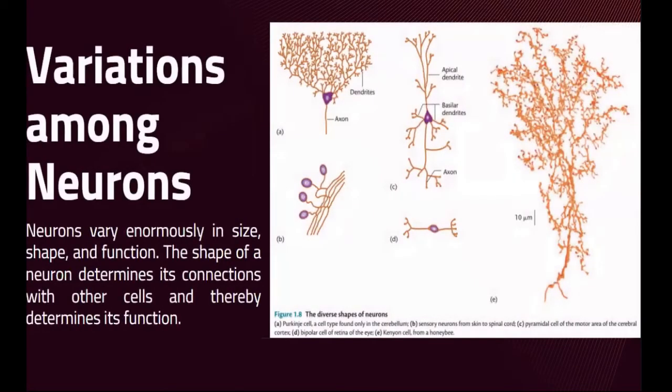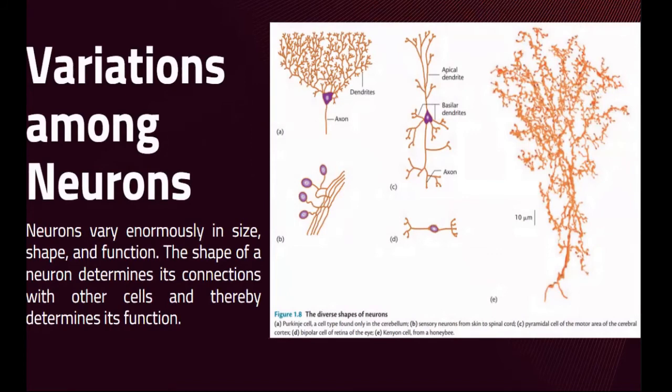So neurons vary enormously in size, shape, and function. The shape of a neuron determines its connections with other cells and thereby determines its function. For example, in figure 1.8, you can see the widely branching dendrites of the Purkinje cell in the cerebellum, see figure 1.8a, enable it to receive input from up to 200,000 other neurons.